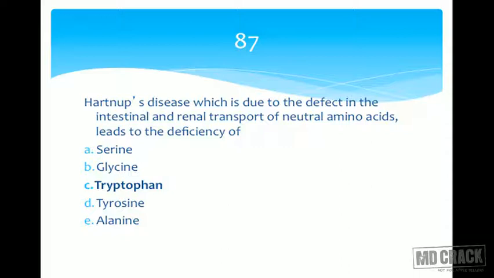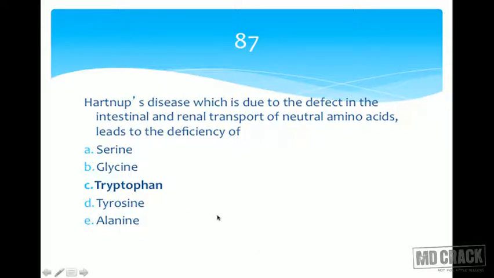The pellagra-like symptoms can happen due to deficiency of tryptophan. In carcinoid tumors also, there is a possibility of getting tryptophan deficiency, where tryptophan is used for the synthesis of serotonin. So Hartnup's disease is due to both.